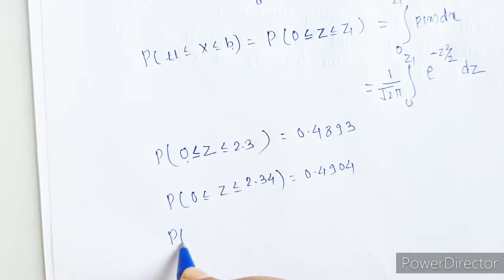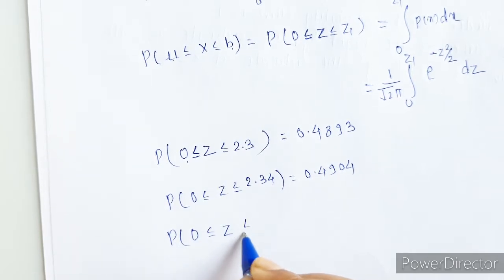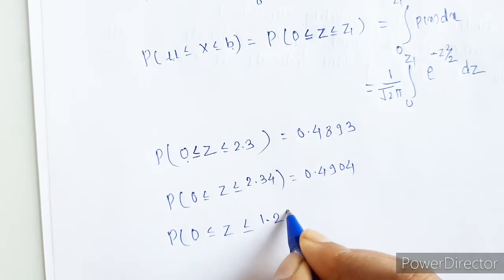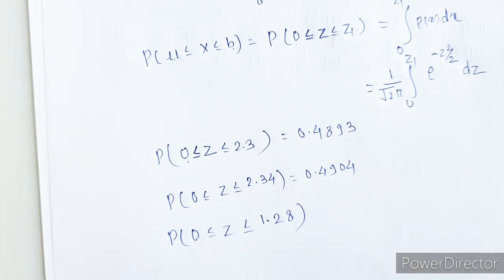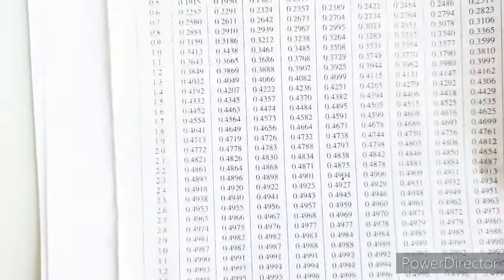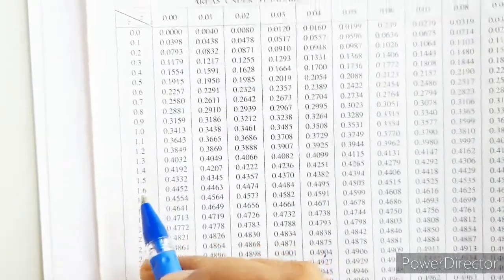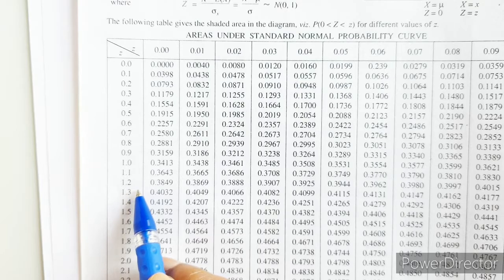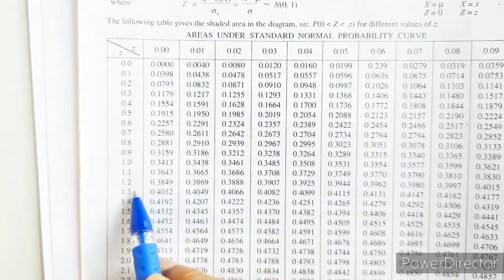Let's find another one. Suppose we need to find the area from 0 till 1.28. First we look for 1.2, so here we have 1.2, and then for 1.28 we look for 0.08 in this row.